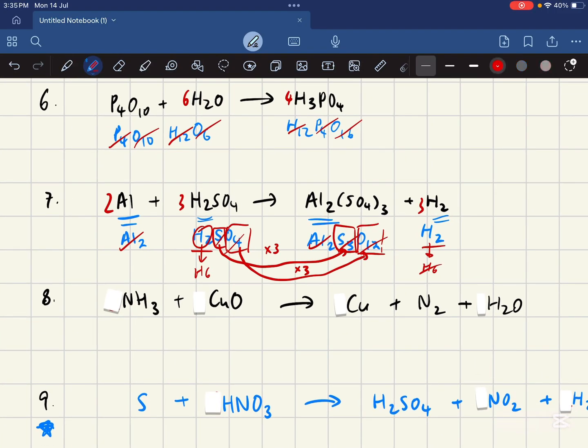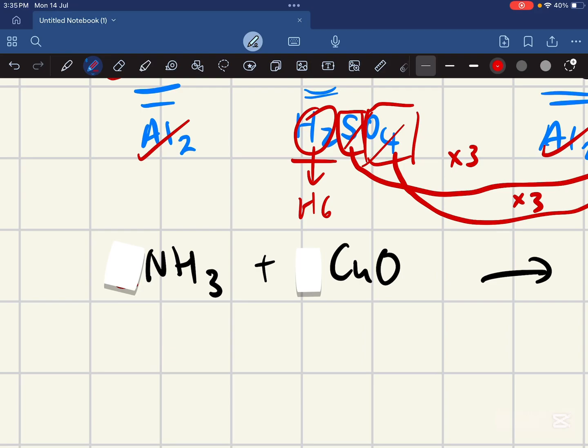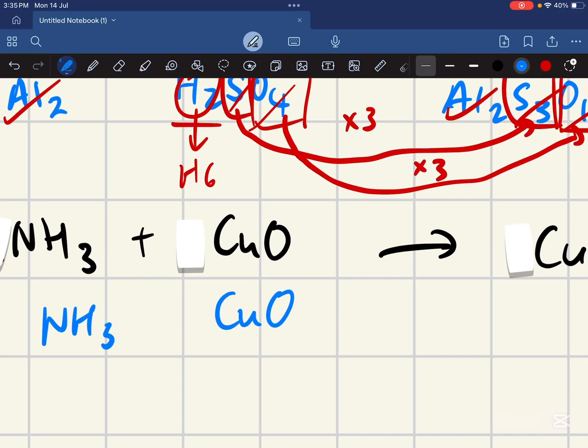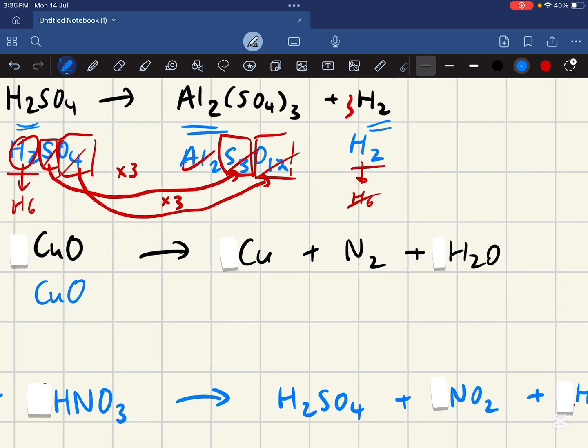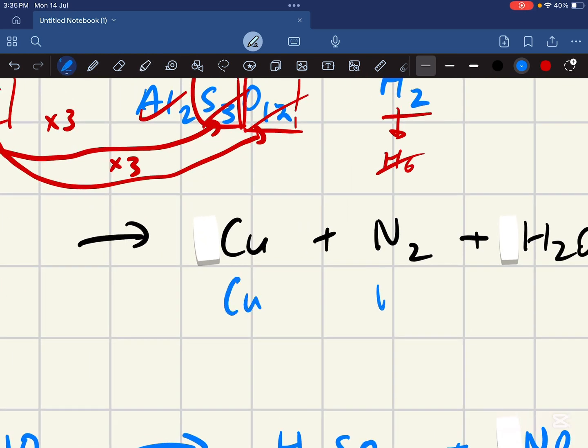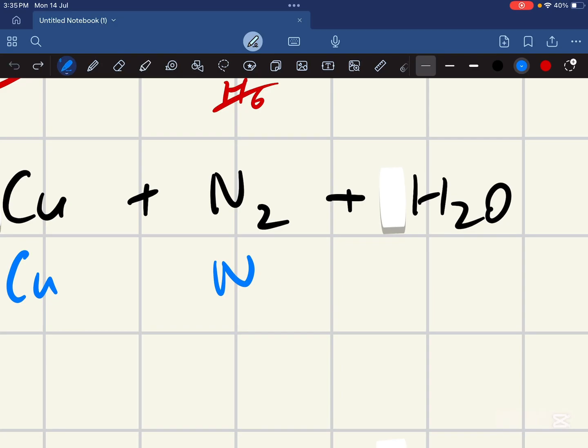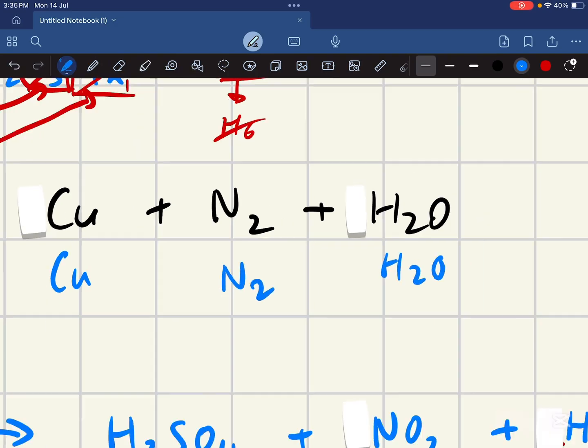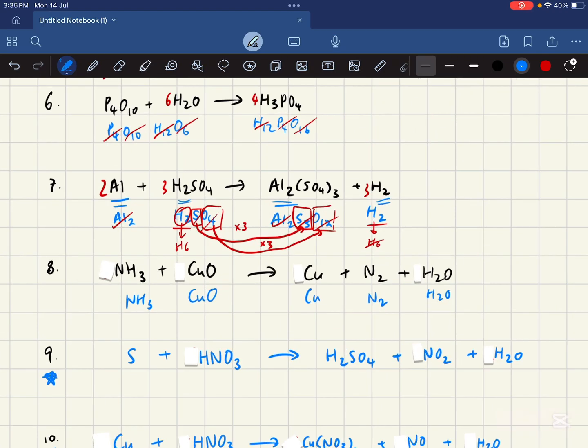Let's see the next equation. We have NH3, CuO, Cu and N2 and a H2O. Now again, N2 is very separated.